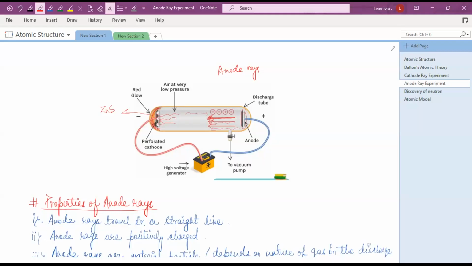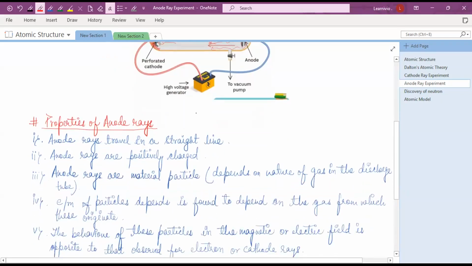It was not generating from the anode electrode. Okay, just remember the difference between the cathode ray experiment and the anode ray experiment.